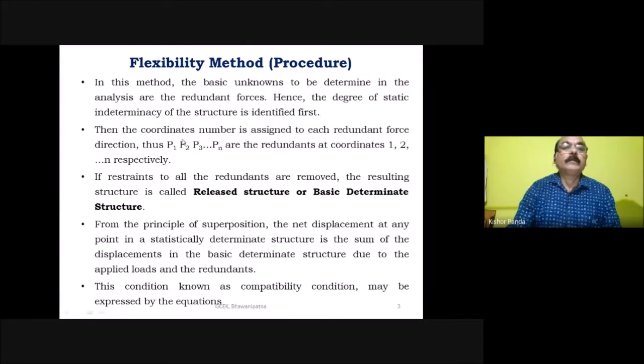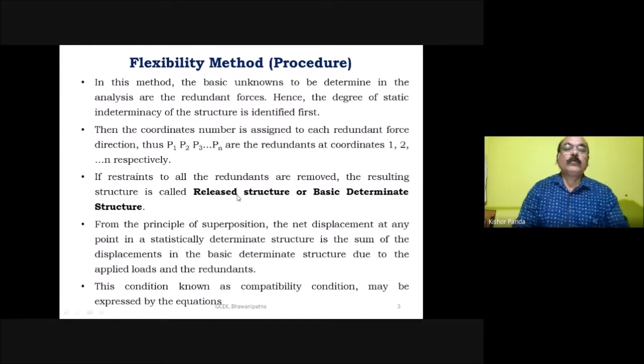Then a coordinate number is assigned to each redundant force direction. Thus P1, P2, P3, Pn are the redundants at the coordinates 1, 2, 3, n respectively. If restraints to all the redundants are removed, the resulting structure is called the release structure or basic determinate structure.